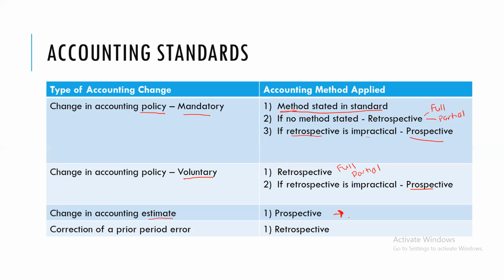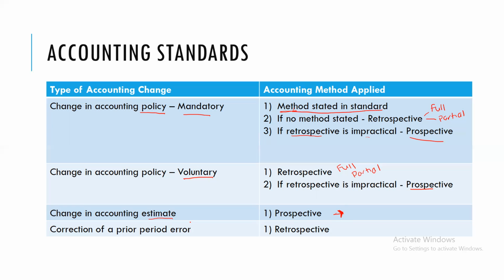That's new information that you never had last year when you did 5% uncollectible AR, for example. So you were not going to go back and change something when you didn't have that new information. Just going forward, change your allowance to 10%. You don't have to go back and change anything from the prior years.